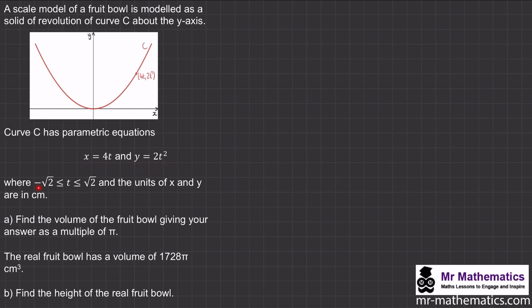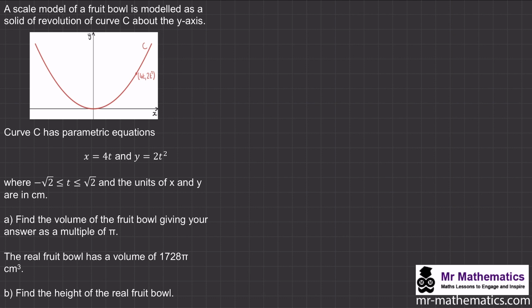where t is between negative root 2 and positive root 2, and the units of x and y are in centimetres. So for part A, we've been asked to work out the volume of a fruit ball, giving our answer as a multiple of pi. So there's two ways that we could attempt this.